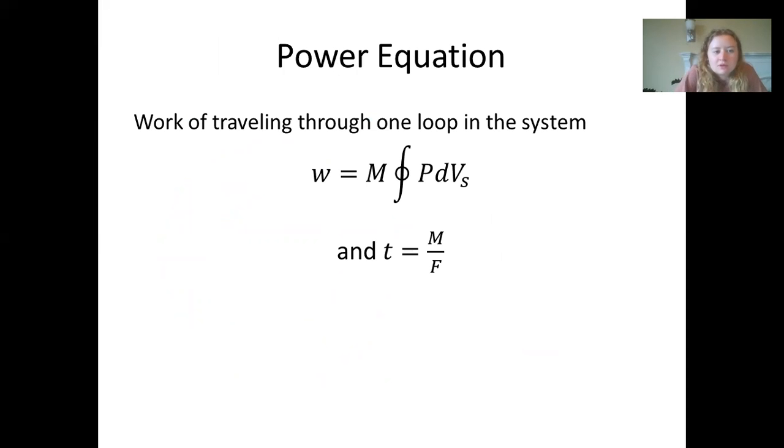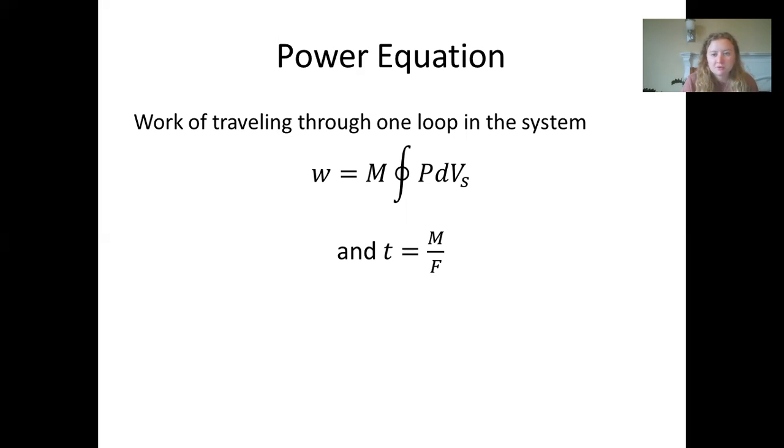Now, looking at a calculation of work for this system traveling through one loop, work is equal to the mass multiplied by the closed loop integral for pressure multiplied by the change in specific volume.